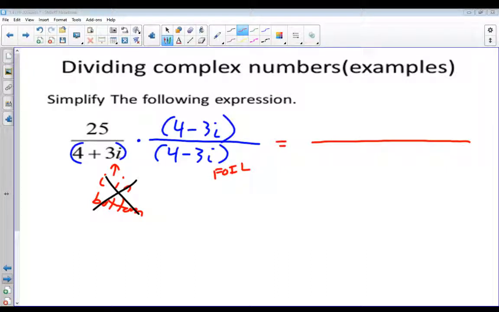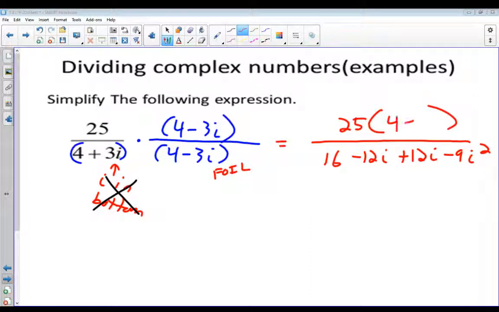So first you should get 16, outside negative 12i, inside positive 12i. And then the last term should give you negative 9i squared. And then on top, I'm actually not going to FOIL that or distribute that. I'm going to keep it like that for now. Trust me, you'll see why in a second.